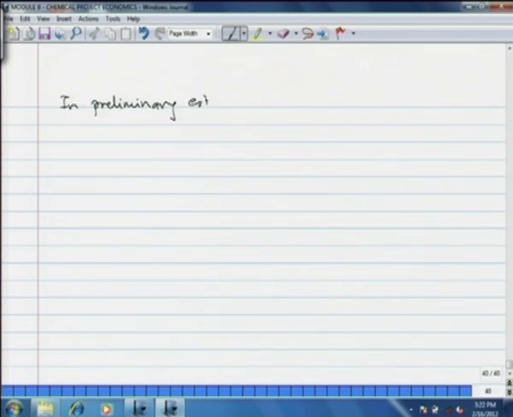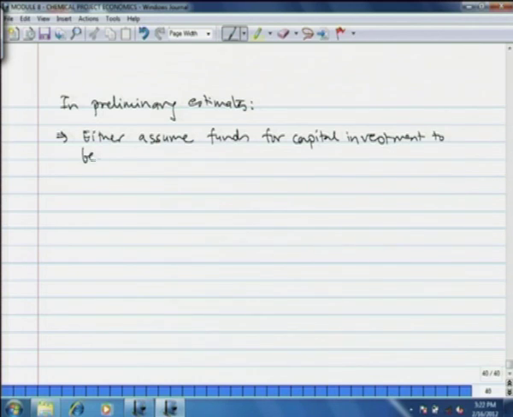For preliminary estimates, either assume funds for capital investment to be internal, so no interest on it, or assume interest rate same as that charged by bank.